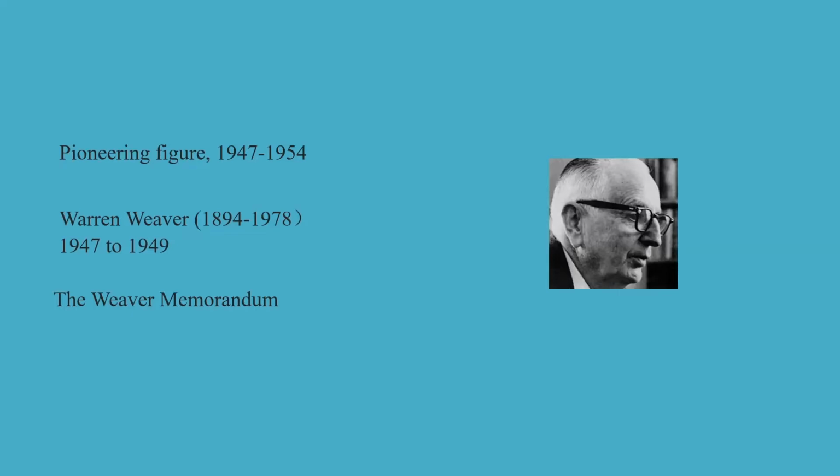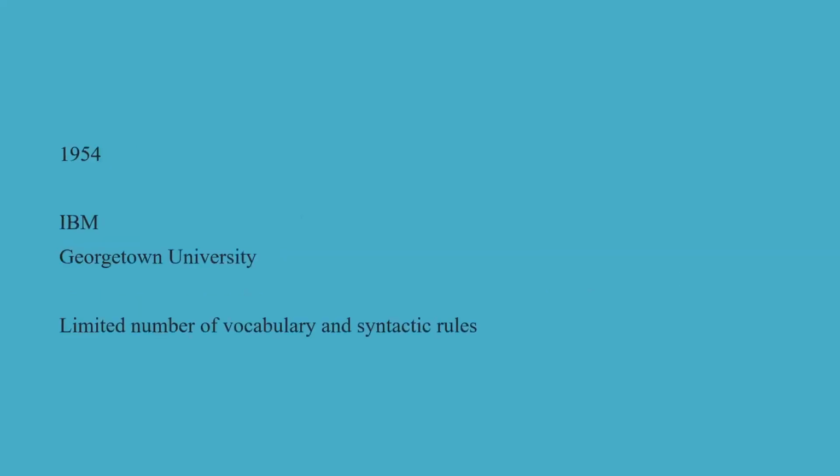So after his initial investigation, he released the very famous Weaver Memorandum. And in it, he recommended the use of computers in translation in order to do fully automatic, high quality machine translation.